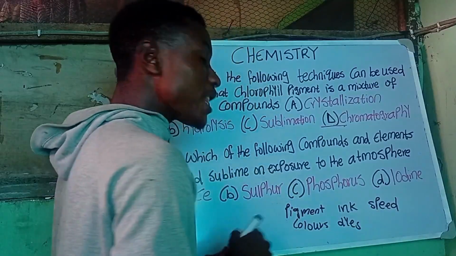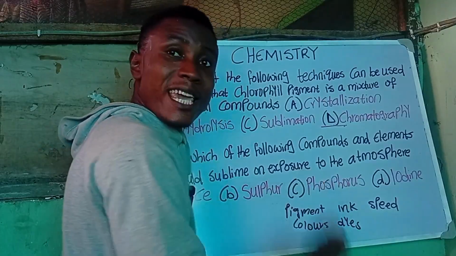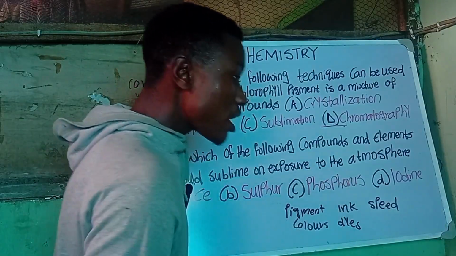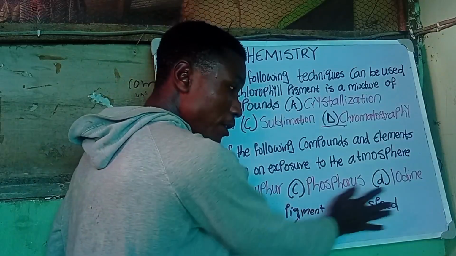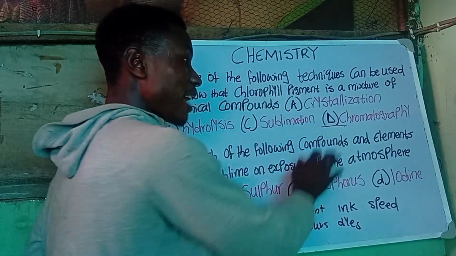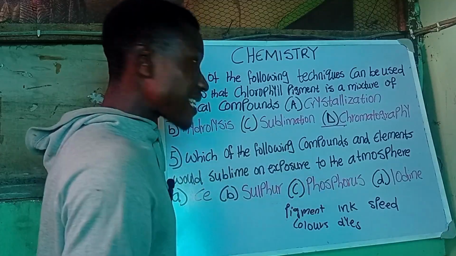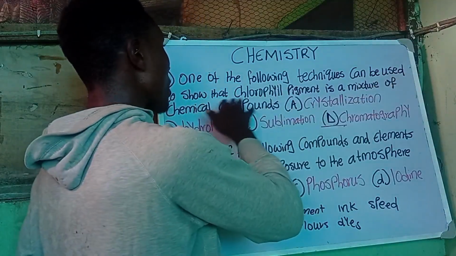So when you see any of these in a question talking about separation technique, please just go ahead and start looking for chromatography, because chromatography is going to be the correct answer. So the following techniques can be used to show that chlorophyll pigment is a mixture.